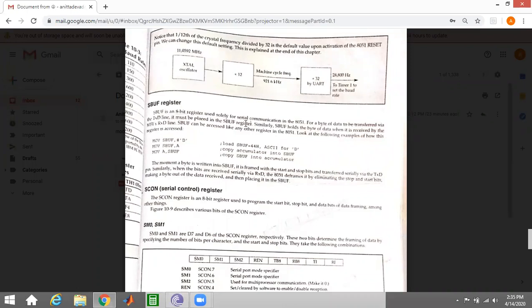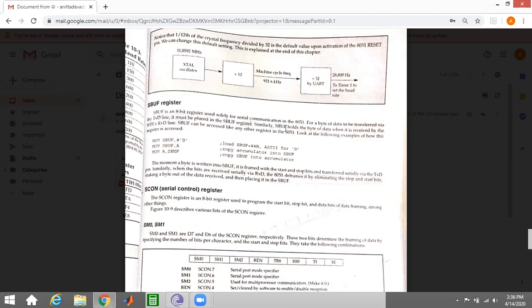Same way, if you have to send data to anybody in serial communication, where do we have to keep the data? In the SBUF register.